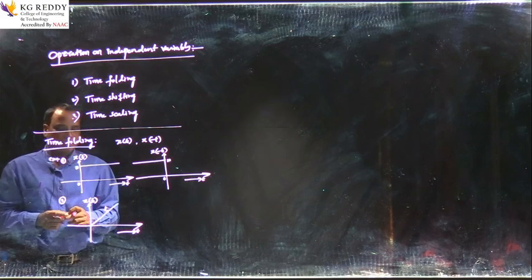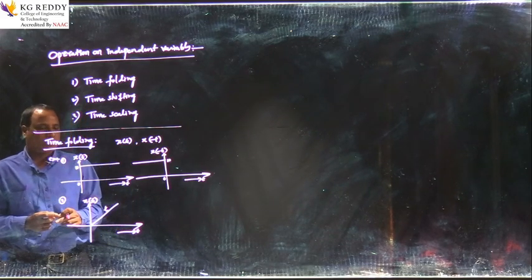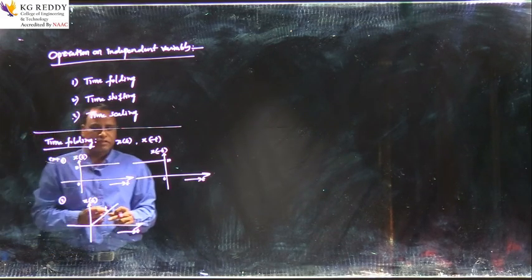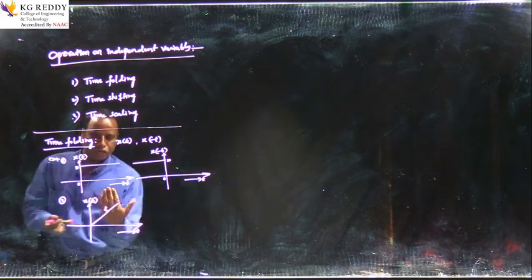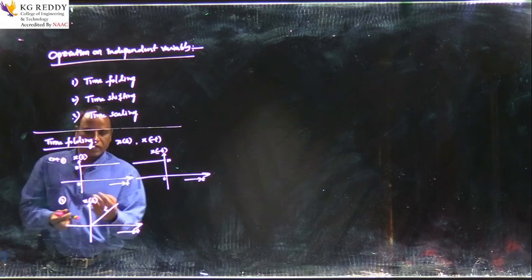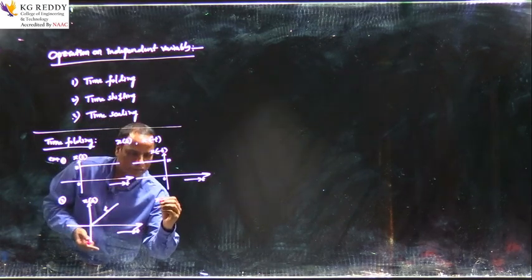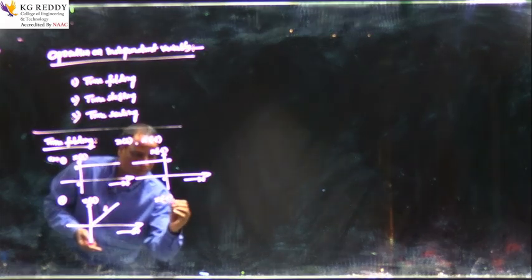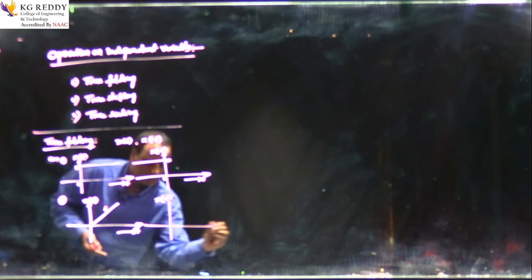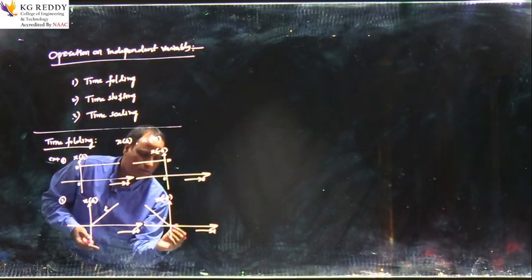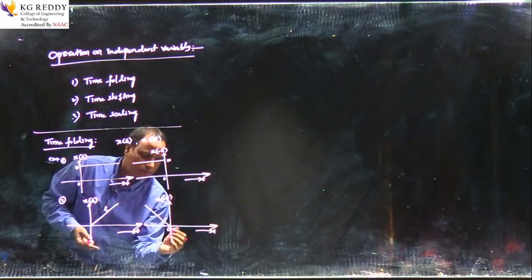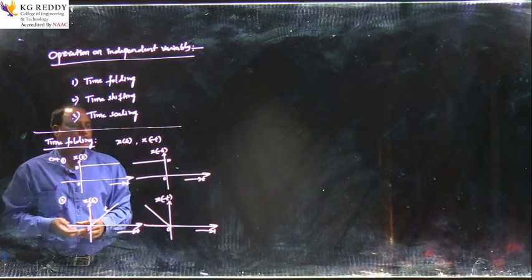I hope it is done. You can cross check your answer with this. Again, if I place a mirror here, just fold the signal with respect to the vertical axis. So x of minus t will be a signal like this. These are two mirror images of each other.